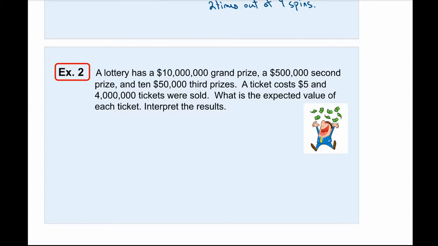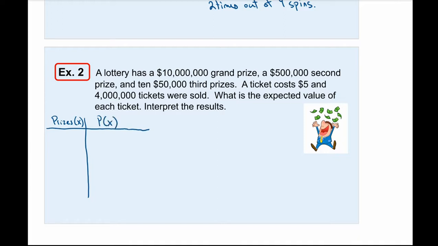So what I'm going to do is create a probability distribution table: all the different outcomes, and look at the probability of each. In this case, the variable I'm looking at is countable because I'm looking at my prizes, and this is going to be my x. Then I'm looking for the probability of x, or each outcome.